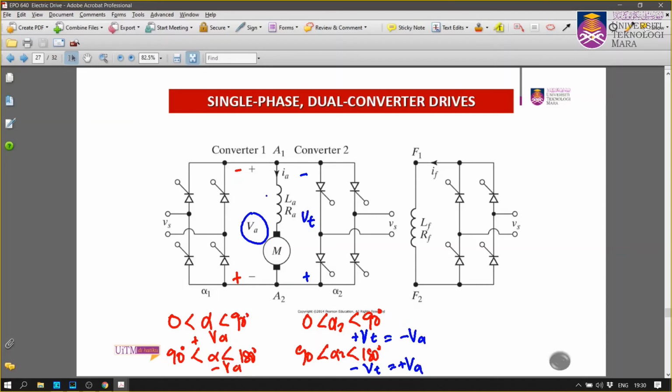So the current here can be a positive current IA, or you can have a negative current, just going up there.